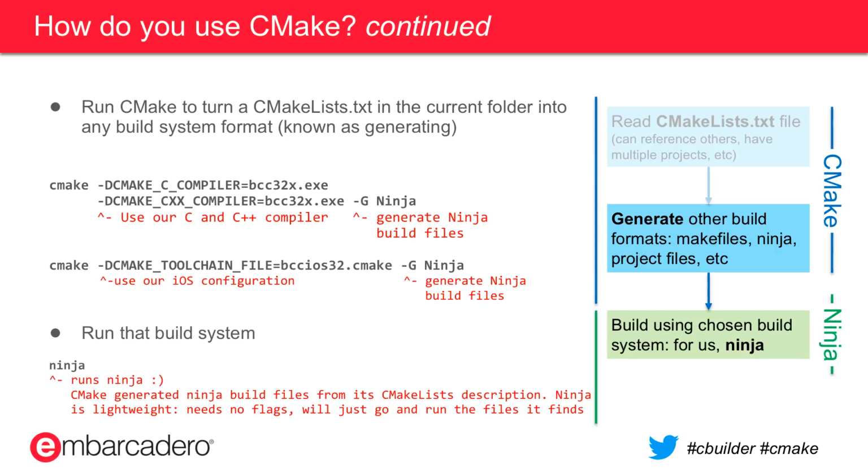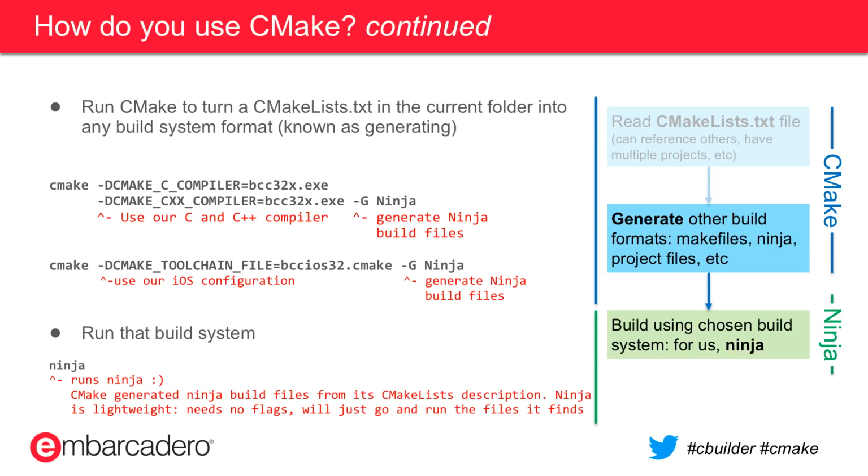If we look at the top one with a couple of -D parameters, this is for building for Windows, and you specify the compiler that you want to use. Here it's BCC32X. You can also use BCC64 if you want to build for Win64. The -G Ninja specifies that you are using the Ninja generator.